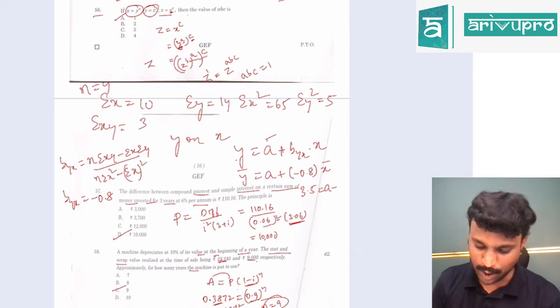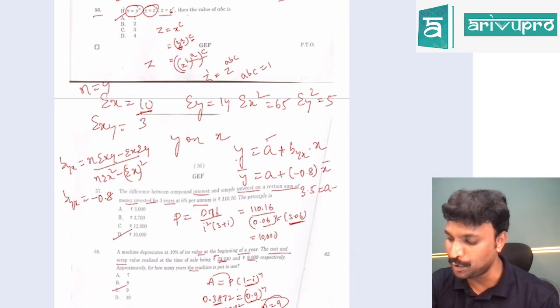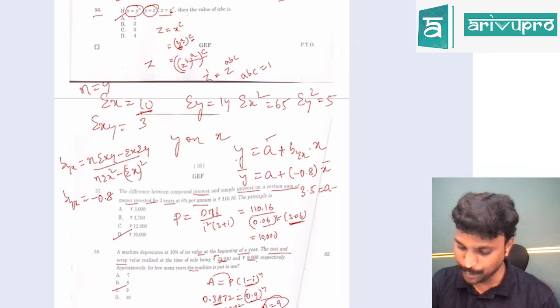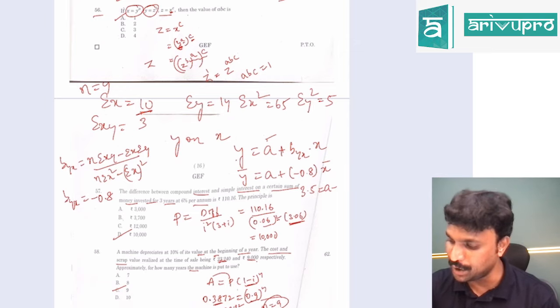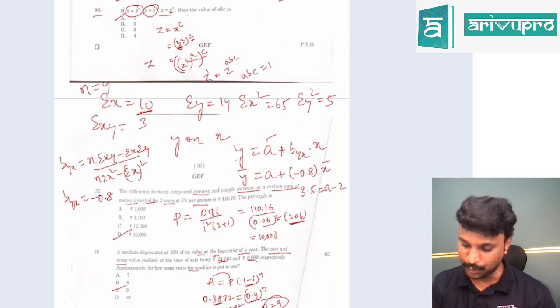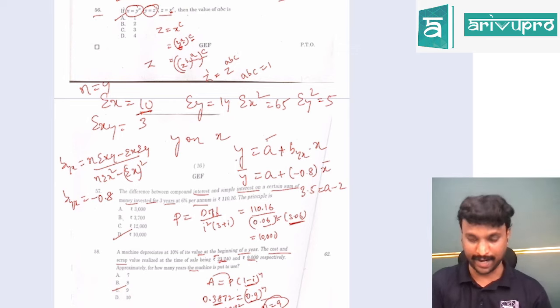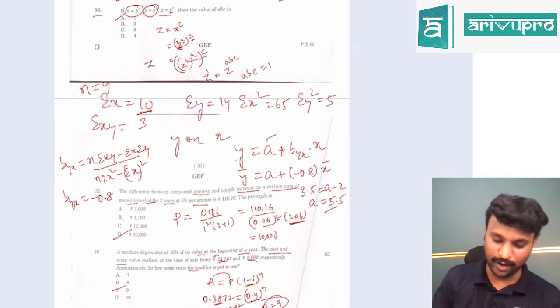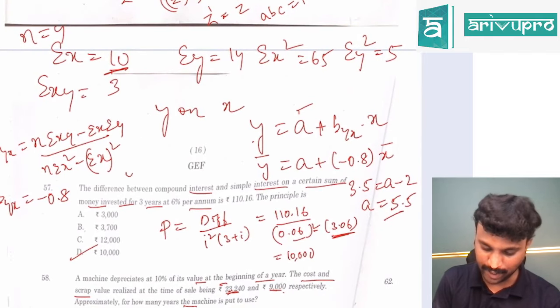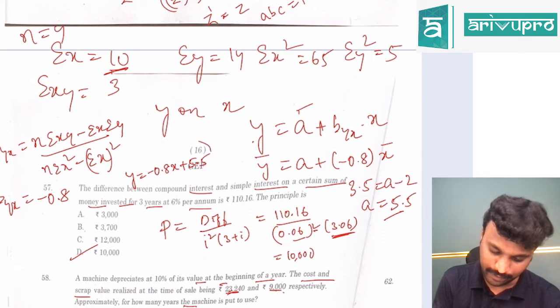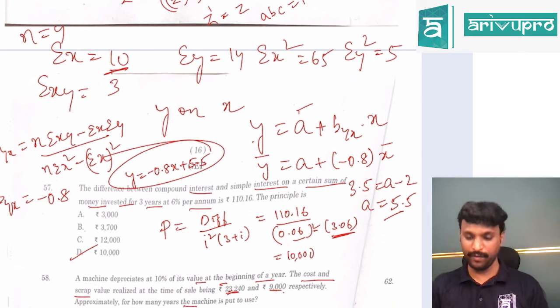Guys, x bar is how much? 10 divided by 4, which is 2.5. So 2.5 into 0.8 is 2, right? But it's negative 2. Negative 2 comes to the left hand side, becomes positive 2. So a value is 5.5. So therefore, regression line of y on x will be minus 0.8 into x plus 5.5. So this is the regression equation of y on x.